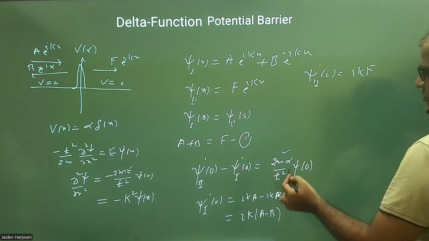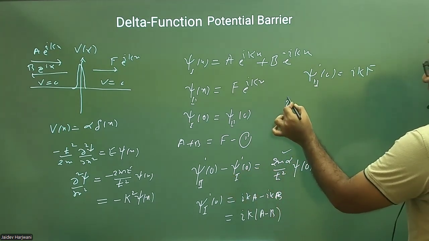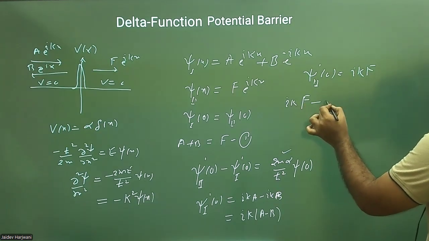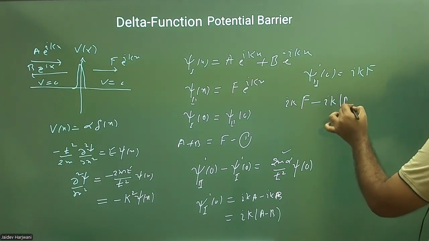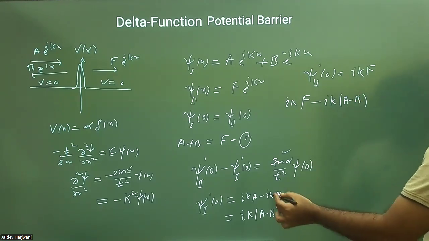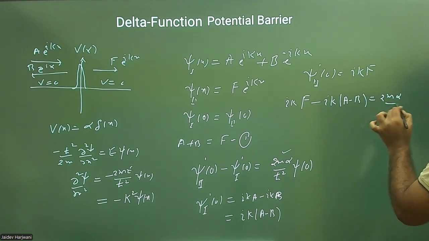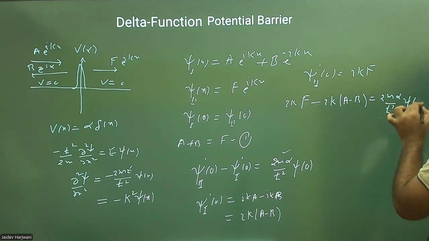Now if I solve this equation, it gives me iota k psi 0 f minus iota k (a minus b), and this is equal to 2 m alpha upon h cut square psi 0.